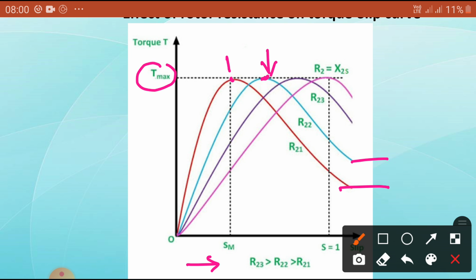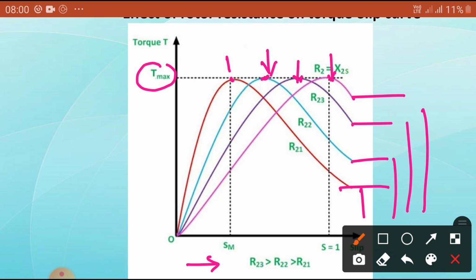If resistance increases further, we go further this way. So these are the different starting torques for the different resistances. The starting torque increases, and the slip at which maximum torque occurs also changes based on the resistance values. This is what to observe from the torque slip characteristics.